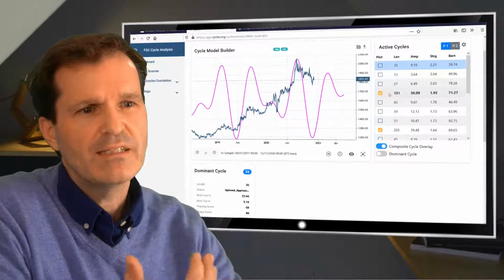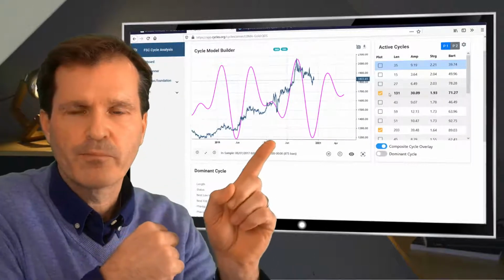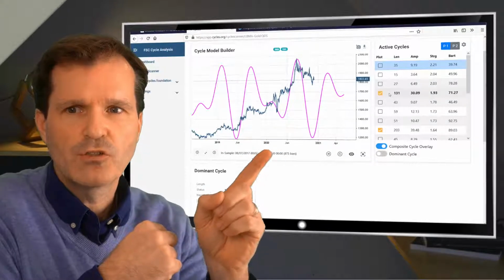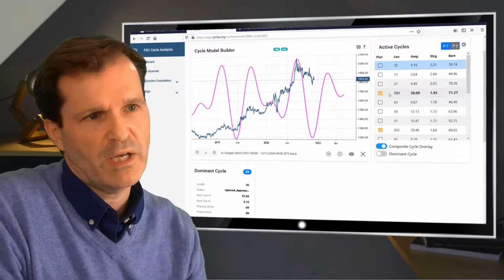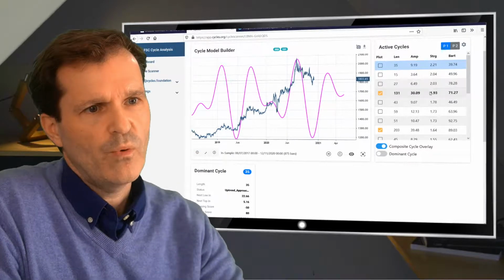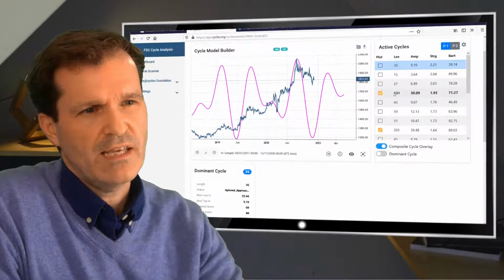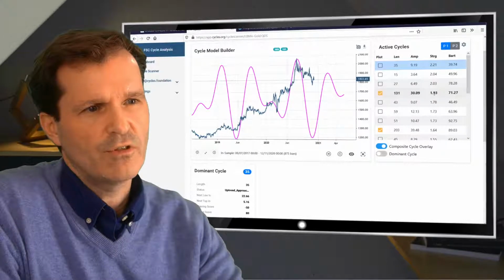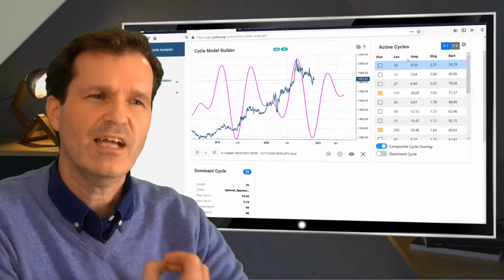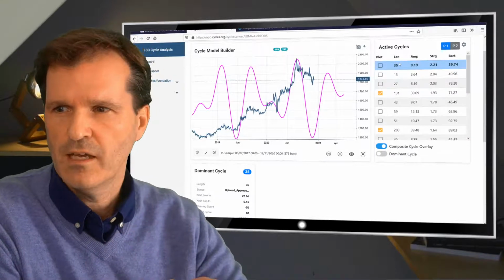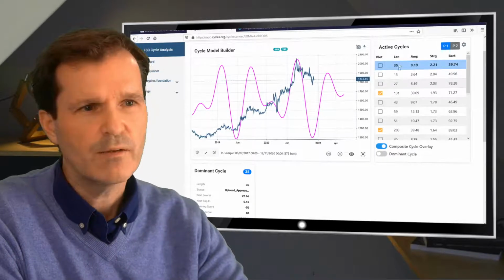The listing here in the upper right corner is just the table data of the spectrum chart we've seen here. So I'm using these two cycles as they stand out. They have good strength, a good Bartels score, and from lengths you can then start to add shorter-term cycles.